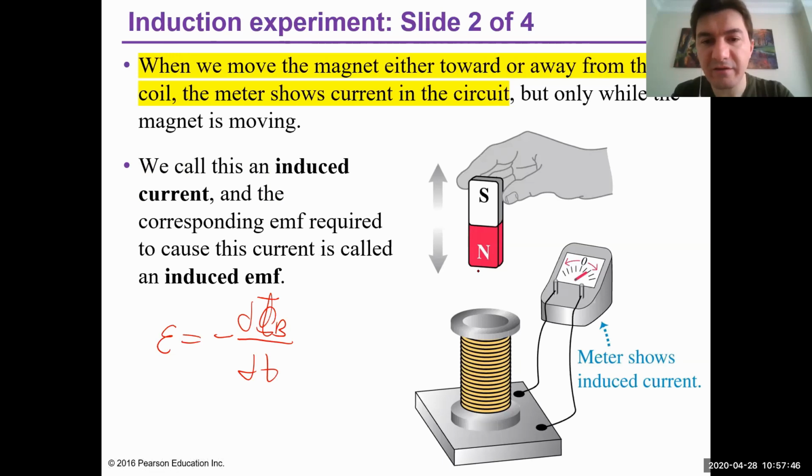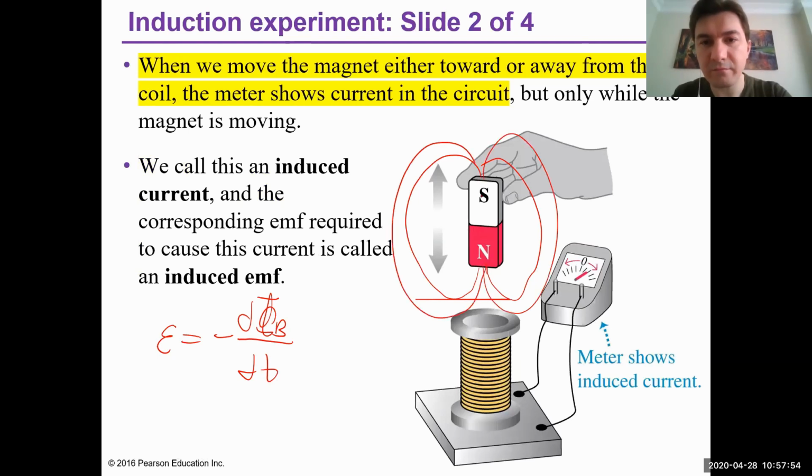So let's consider that there are magnetic field lines like this, from N to S, okay? We have already done it in several chapters.